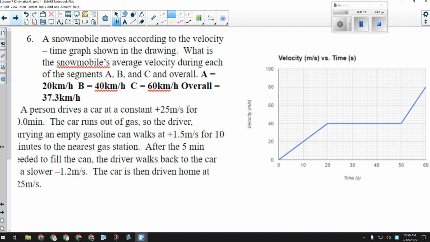Here's what I want you to do. I don't want the average velocity. Let's just go with, I want the acceleration during each interval.